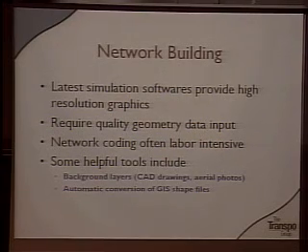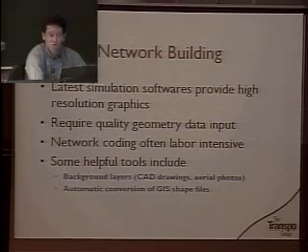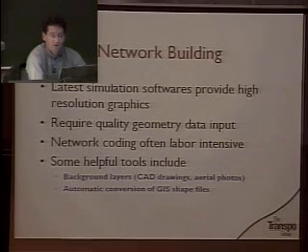And these microsimulation models that I'm talking about today, that are tools like Paramics, VISSIM, CORSIM, INTEGRATION, they provide really high quality graphics. The visualization is really powerful, but that also means that you need some high quality inputs to go into your model, so that you're really matching real life conditions.